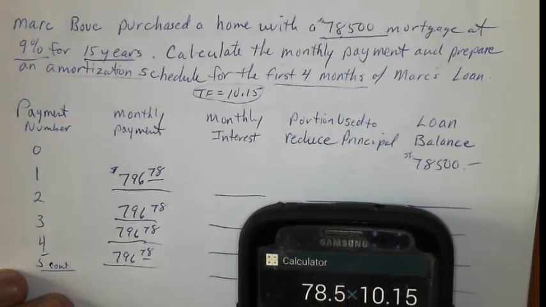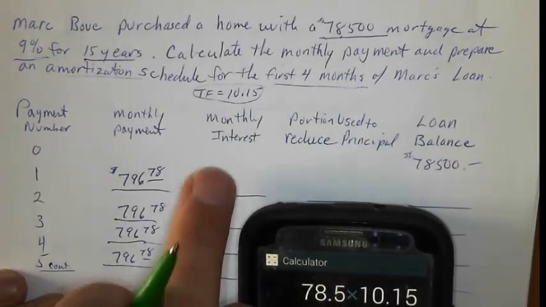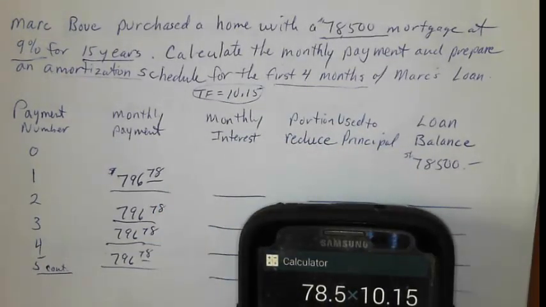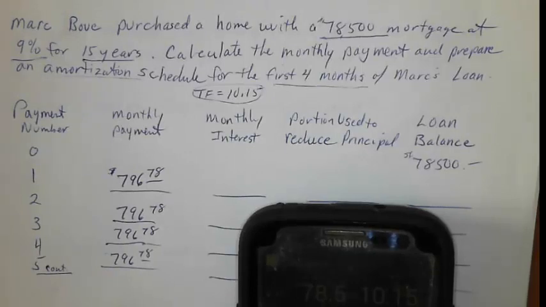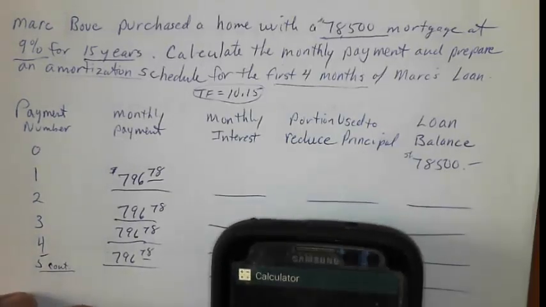So if we take our principal and interest to get our payment here, we're going to take our balance times 0.09 and simply divide by 12 because it's 1 month.